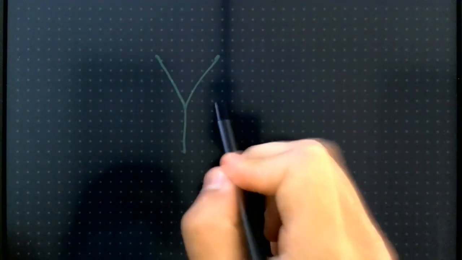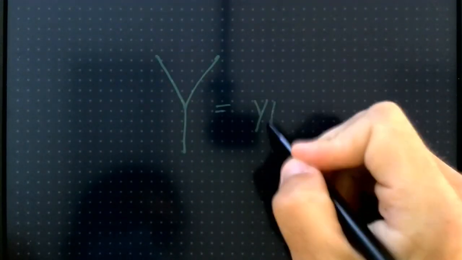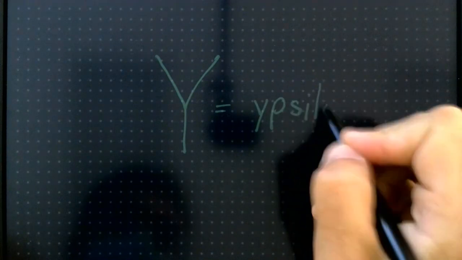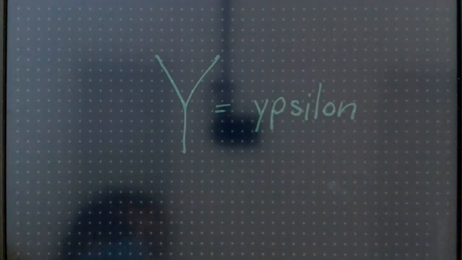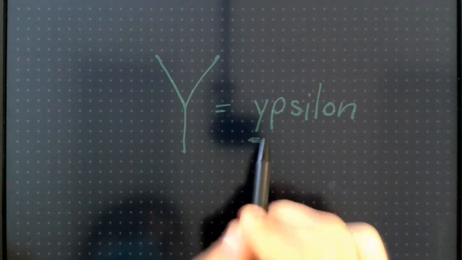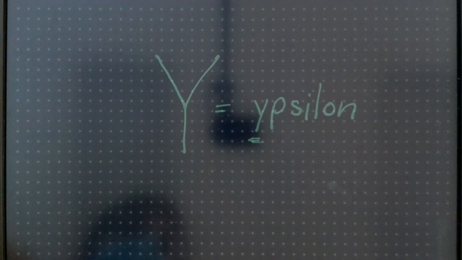Okay, the letter Y is a little tricky. Not quite the same as the English letter Y. So this is pronounced "Ypsilon." And the Y sound here is a little weird as well. So it's "Ypsilon."